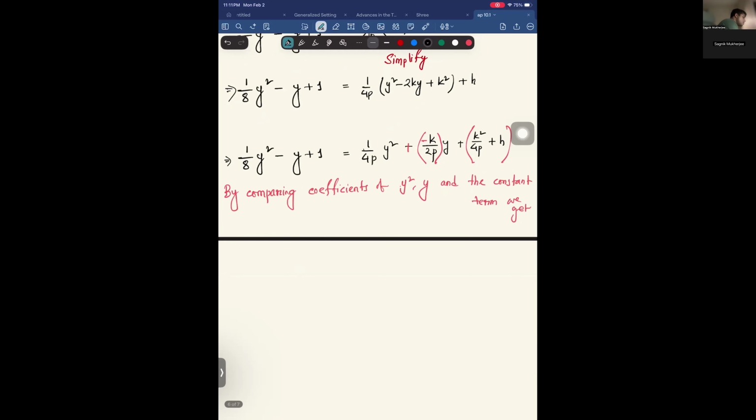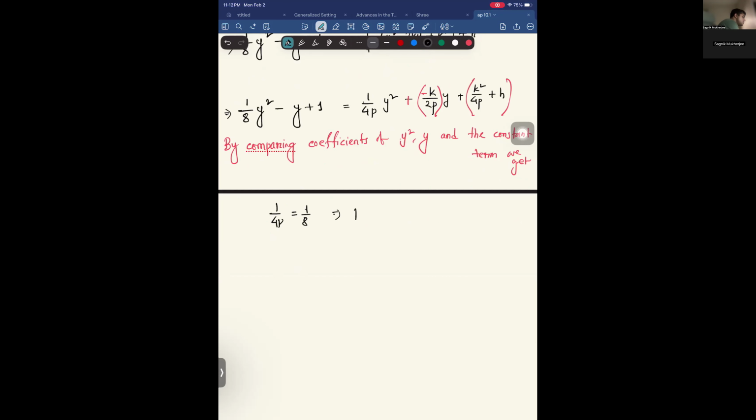You get that 1 over 4p is 1 over 8, meaning p is 2. Now compare the y terms. So negative 1 is negative k over 2p, but p is 2. That means negative k over 4, meaning k is 4.